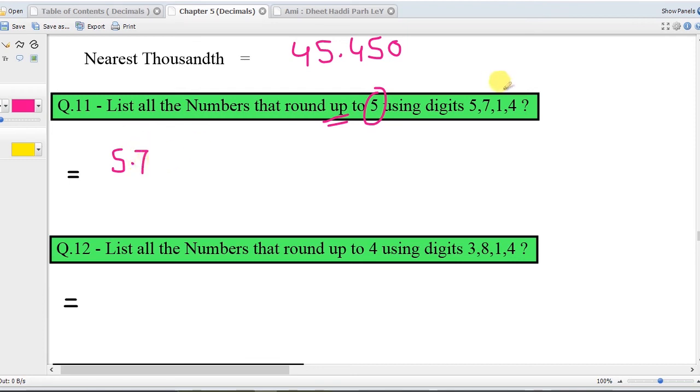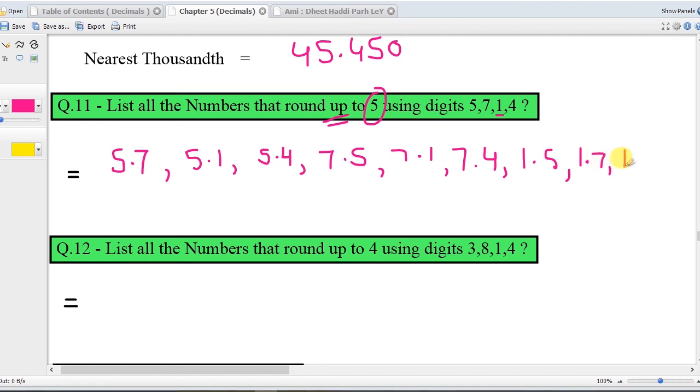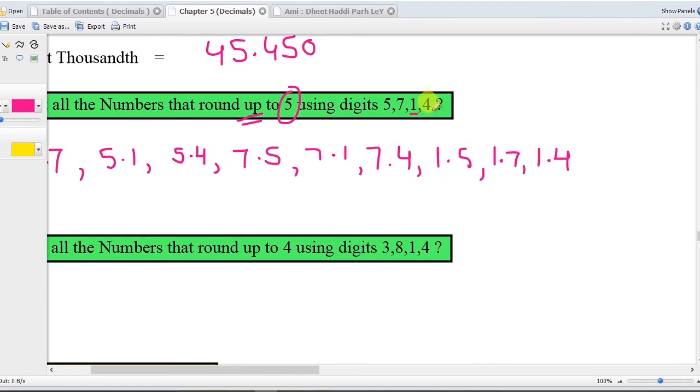Okay, let me just write all the numbers. 5.7, 5.1, 5.4. Then we are having 7.5, 7.1, 7.4. Now we are going to take 1.5, 1.7 and 1.4. And after that we are left with 4.5.